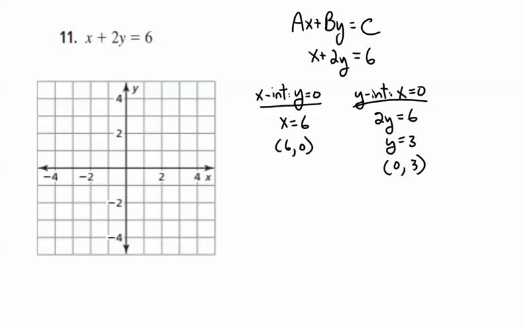Now, I do notice a problem here. One problem is that my grid for the x values doesn't go up to 6. So that is going to be a problem in graphing here. I would have to go out another line to say 6 over here and plot my x-intercept at 6, 0.